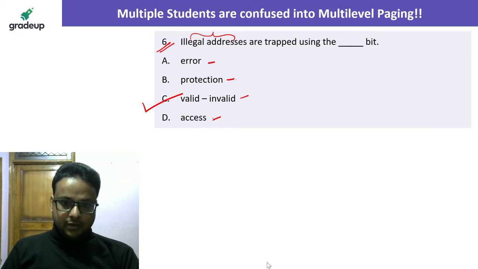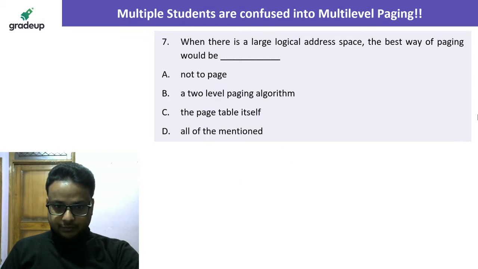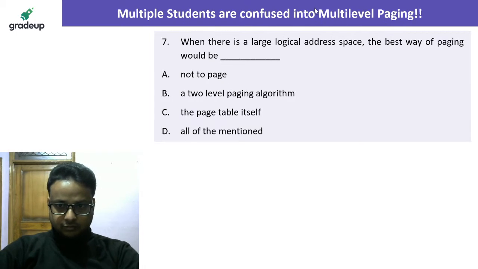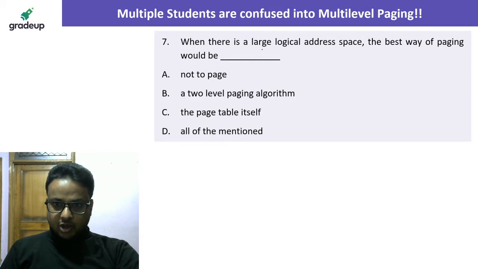Okay, so here we will go ahead with question number 7. Tell me the answer. When there is a large logical address space, the best way of paging would be.